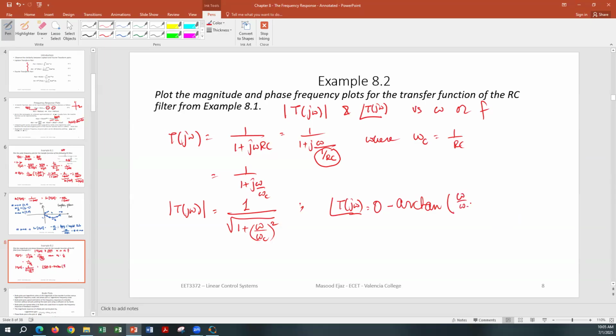Omega over omega c divided by 1, or simply omega over omega c. So negative arctan of omega over omega c. Why is it so difficult? Every time I ask the same question in every class and I don't get any response, except from one student.